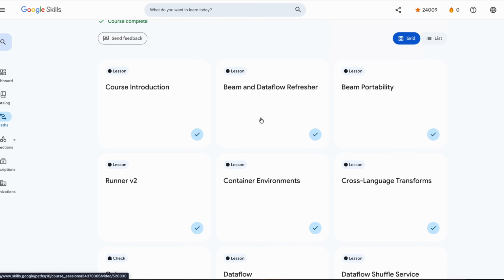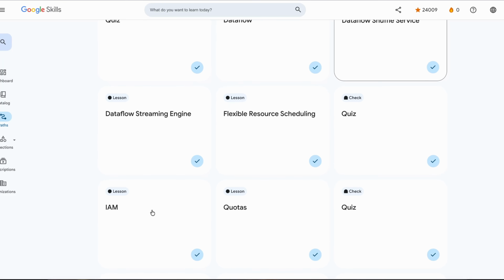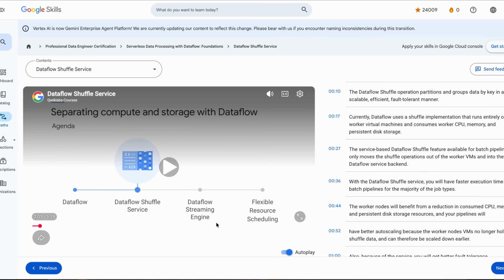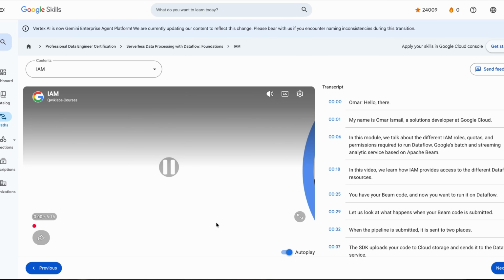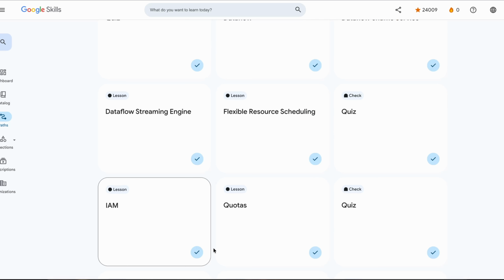Then a little bit about service accounts. There are 3 service accounts relevant to dealing with Dataflow. The first one is the Dataflow service agent, like an agent identity of the service, similar to other resources in Google Cloud.